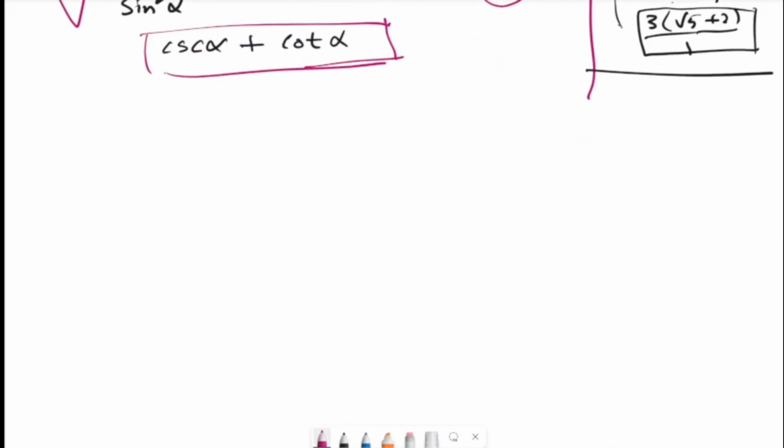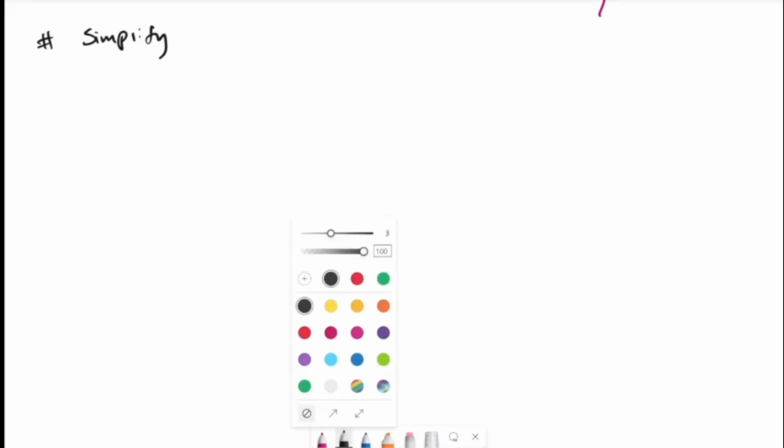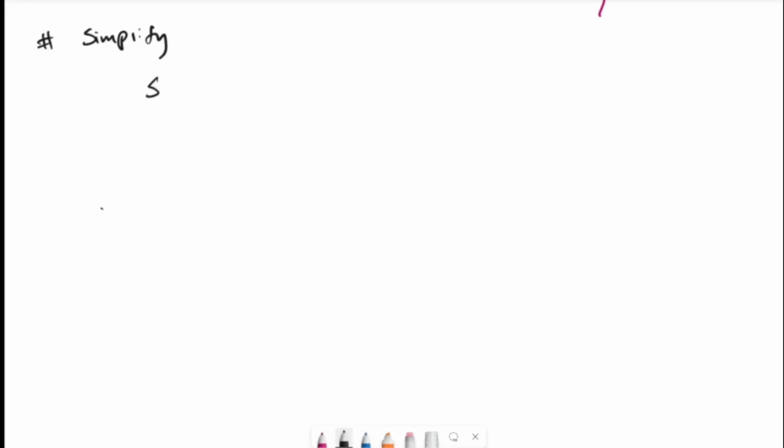Go up, solve one more problem. Okay, now this problem doesn't tell you what to prove, etc. It's telling you to simplify. What do we simplify here?